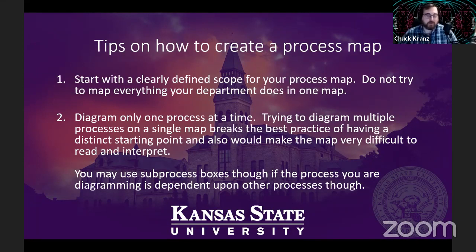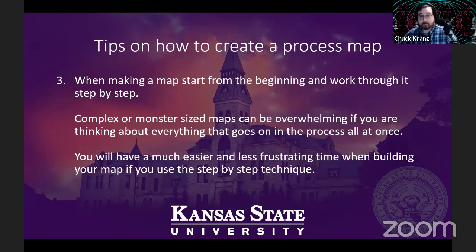That's when you would use something called a sub-process box, and we'll go over that later. So start with a clearly defined scope and work on one process at a time, for simplicity's sake and to make sure you're creating a map that you can actually use and get useful information out of.